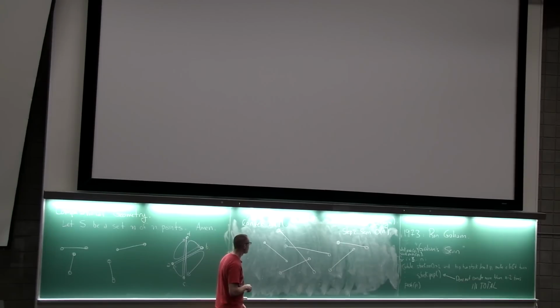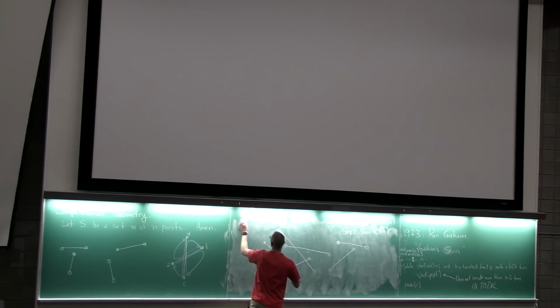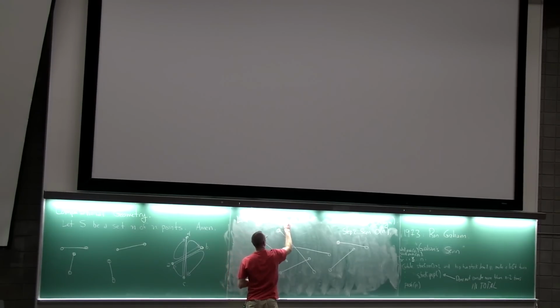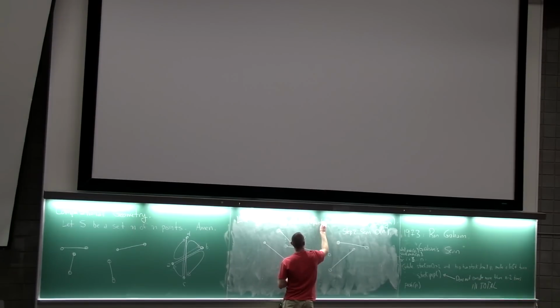So here I would like to say there's an intersection between this segment and this segment, and there's an intersection between this segment and this segment. If you want to know where it is, you can just compute it. Okay. And I'd like to do that efficiently. So this is line segment intersection reporting.